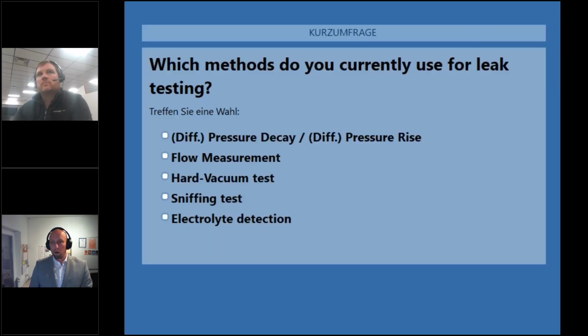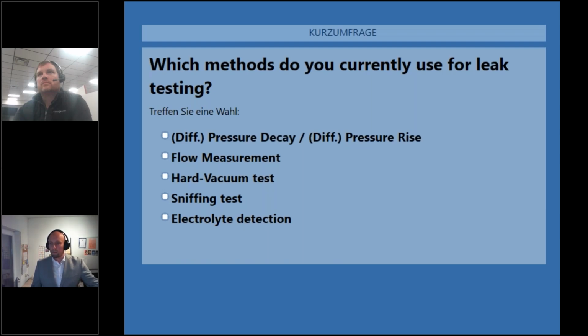We now open the poll where we give you some time to answer one of the answers I just read out to you. So this gives us some impression about the examples we have prepared for later, where we will spend some more time. So let's see what the results will give.